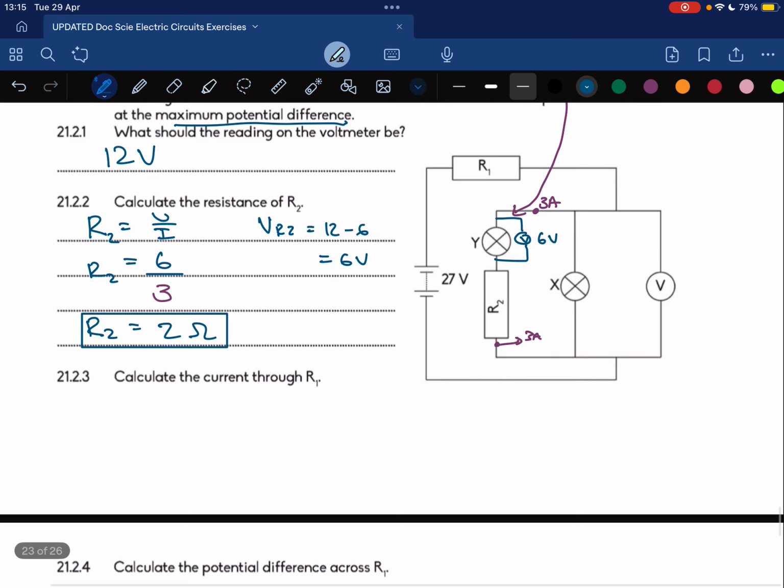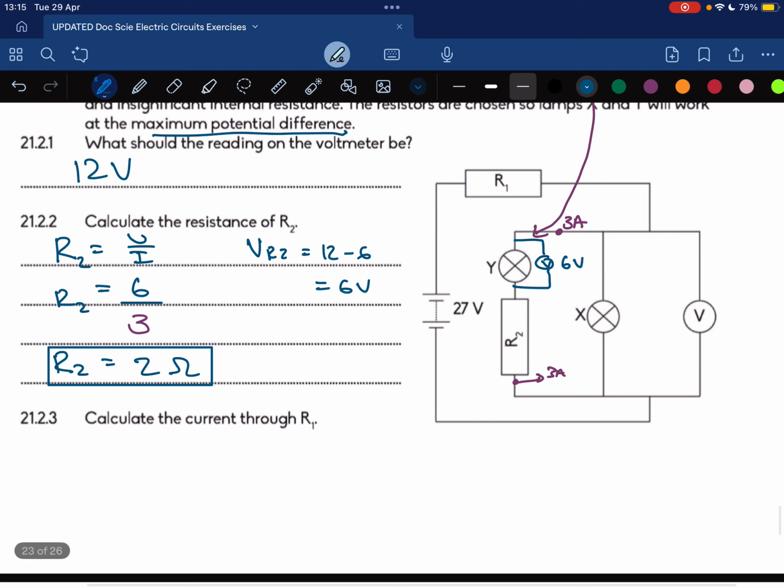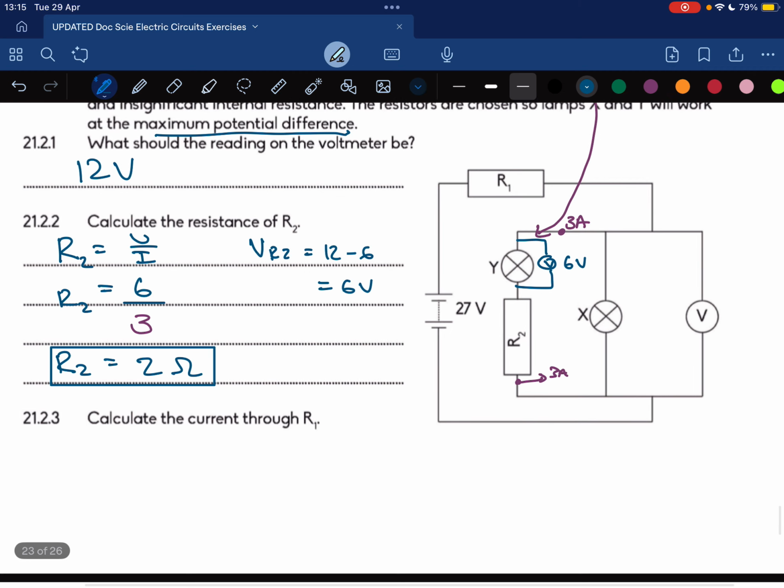Okay, moving on. It says calculate the current through R1 now. We're going to use the same method that we just used in the previous question. We know that there is 3 amps that flows through this portion.